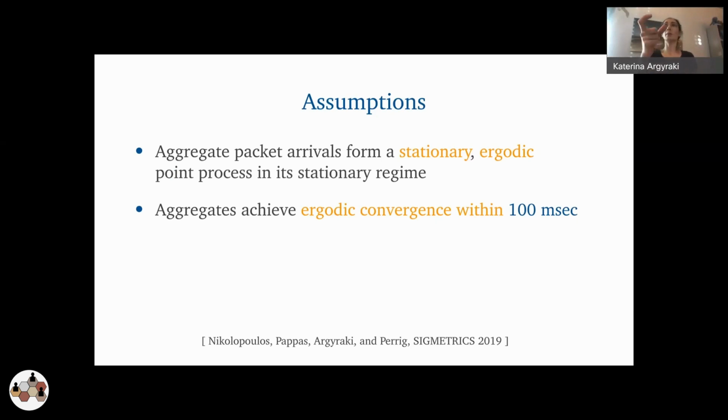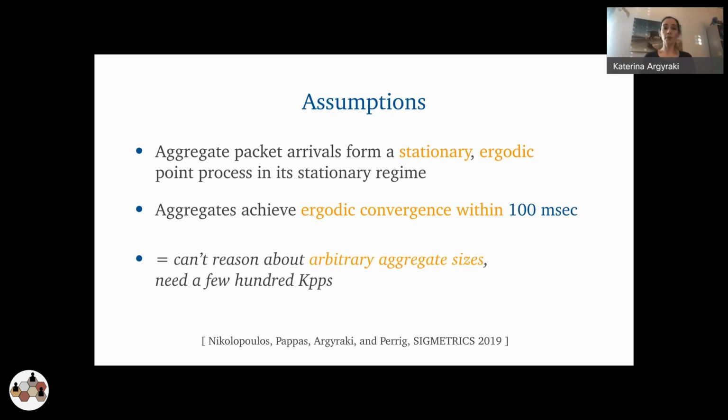It is an estimate of reasonable internet end-to-end delays. What does this mean in practice? We cannot reason about arbitrarily sized aggregates. We need them to be large enough. If my aggregate is just a small TCP flow, these things don't apply. Networks can still cheat. I can provide guarantees that they won't be able to cheat only if I have a reasonably sized aggregate, and we're talking about hundreds of megabits per second or so.